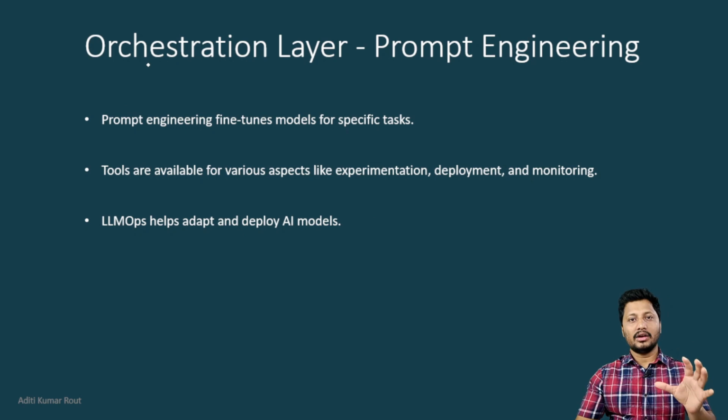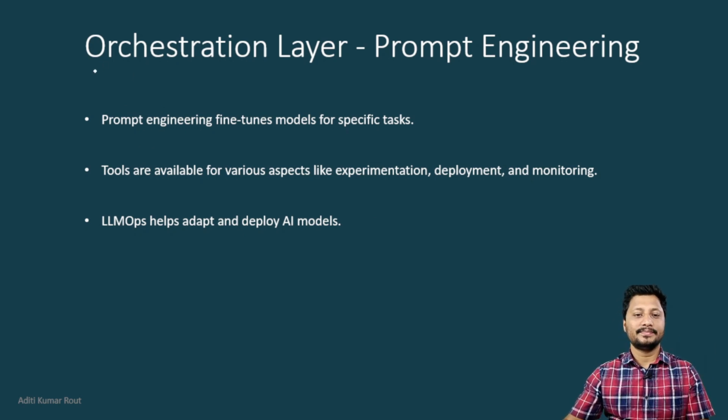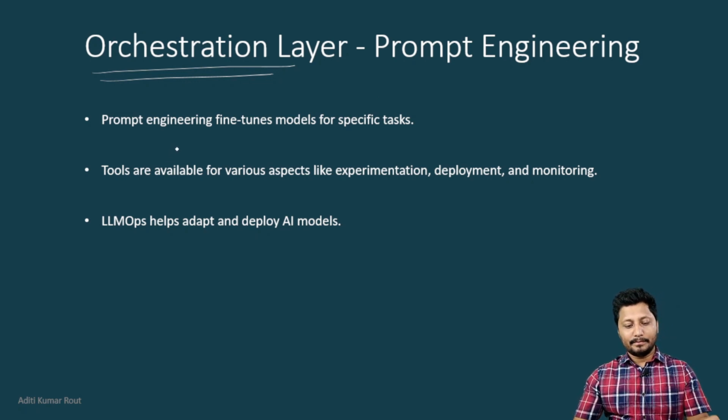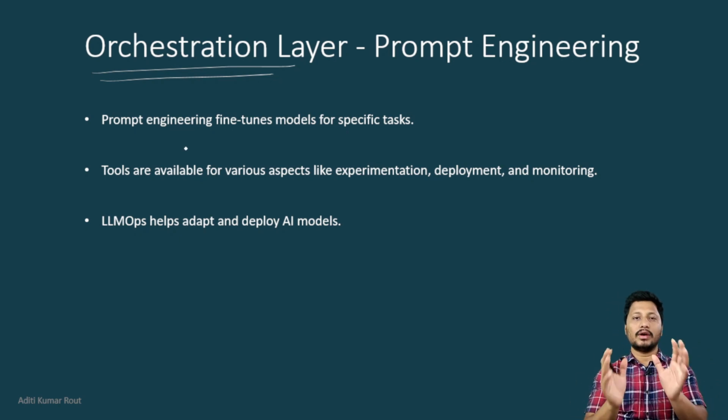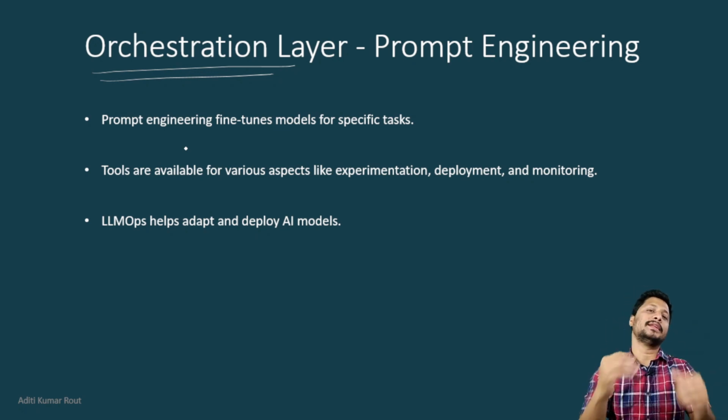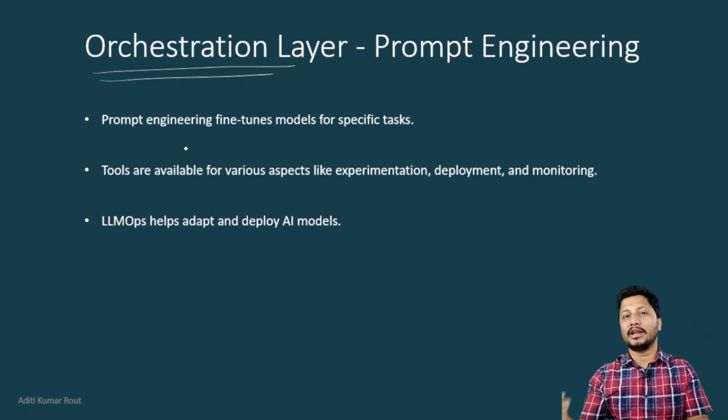The third layer of this process is the orchestration layer. Orchestration layer means we are setting things up to make them workable and suitable for our application layer, data layer, or API.